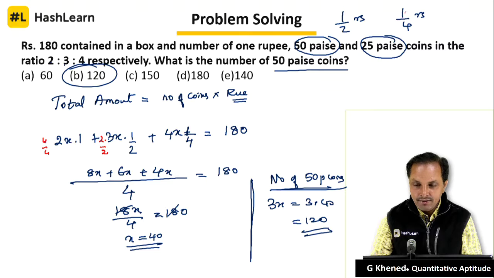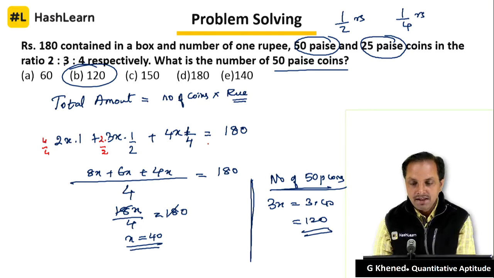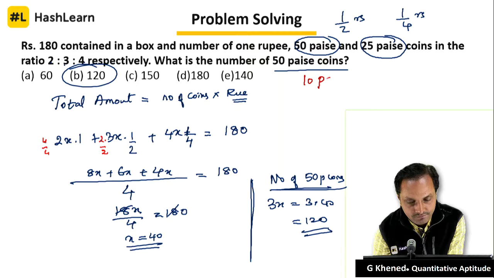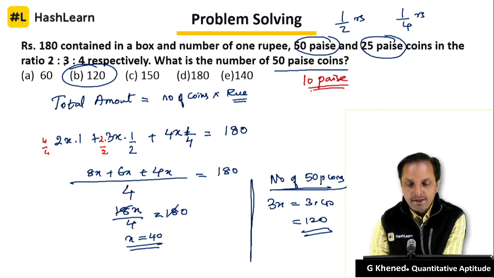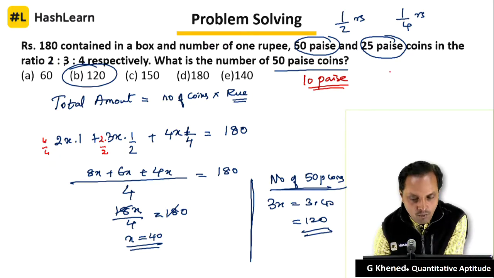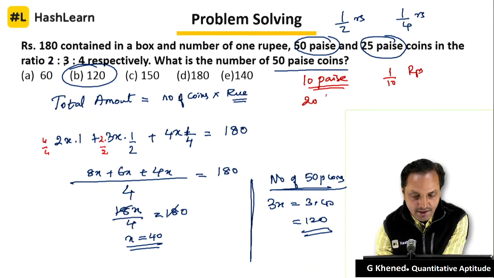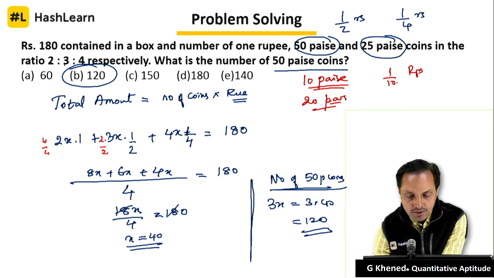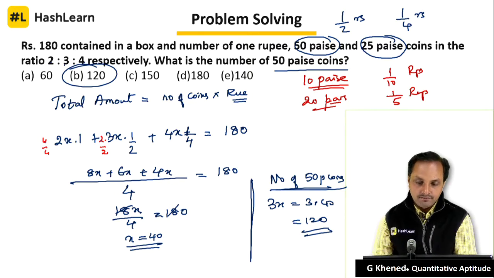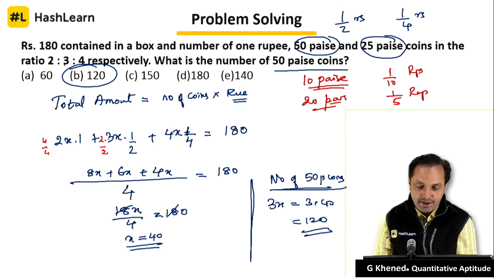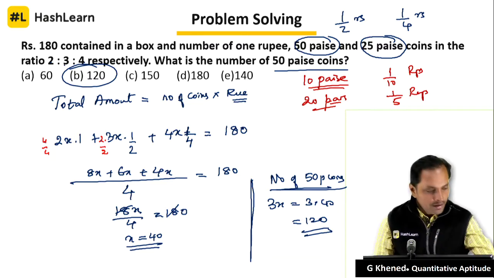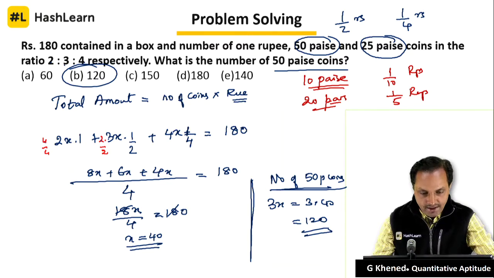When they give you 25 paisa coins, take 1/4 of a rupee. Suppose they give you 10 paisa coins, what will you take? 1/10 of a rupee. Suppose it is 20 paisa coins, you should take 1/5 of a rupee. Suppose it is 5 paisa coins, 1/20th rupee. In that way you need to take the terms and simplify the problem.